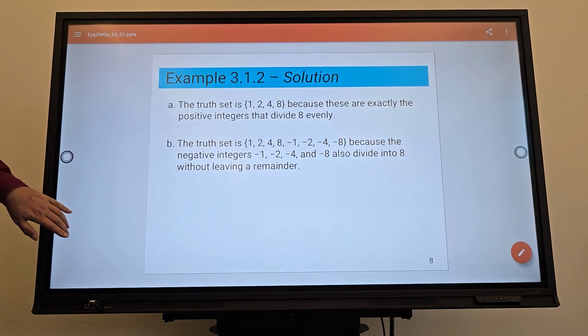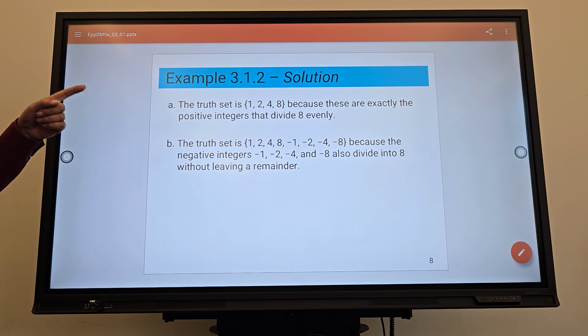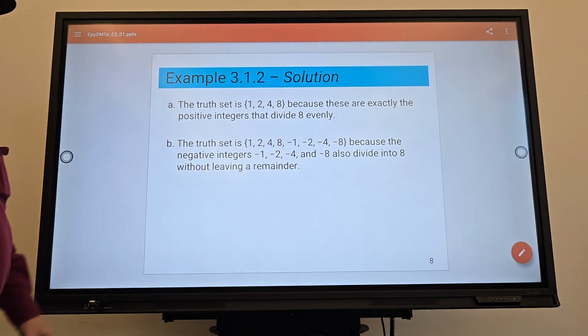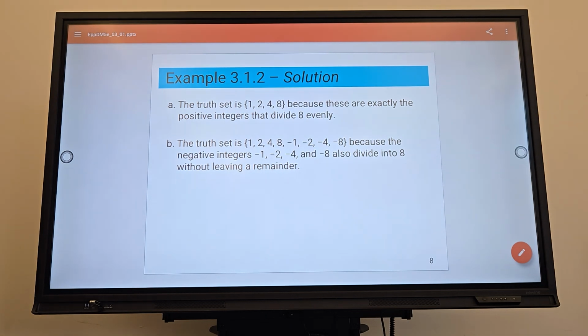It's the truth set because these are exactly the positive integers that divide 8 evenly. And this is the truth set if the domain is the set of all integers.